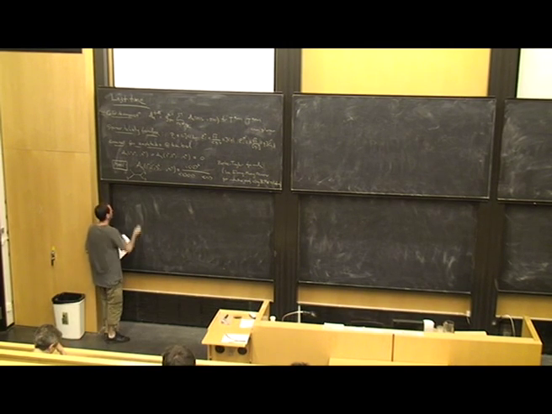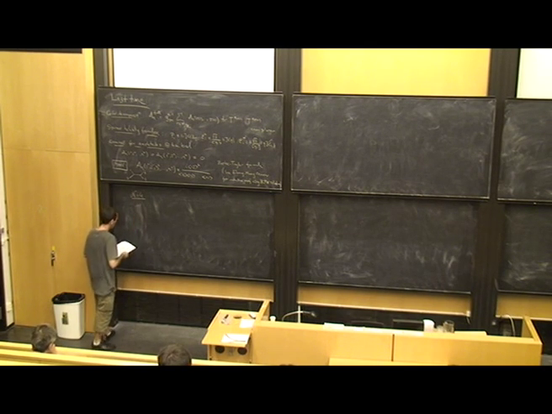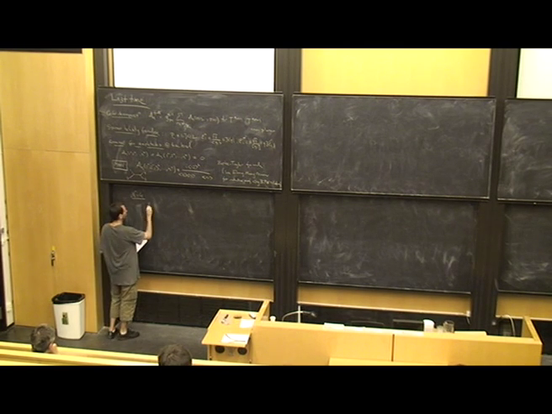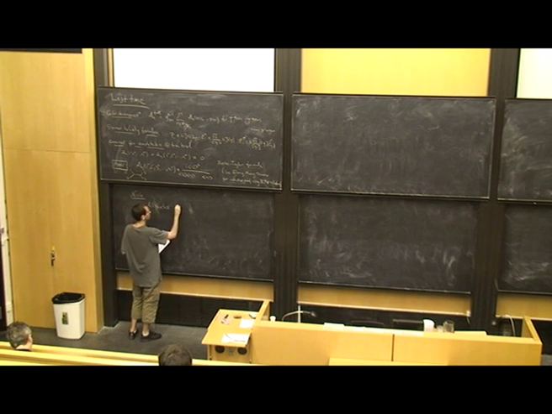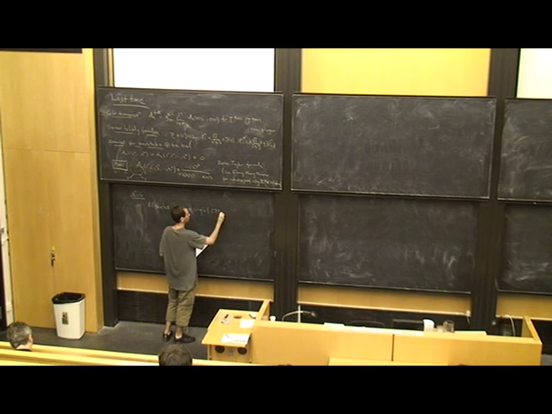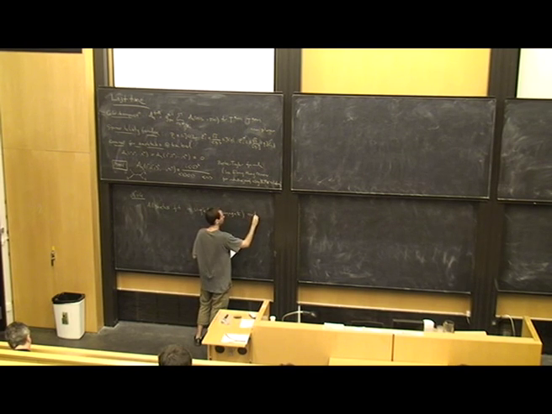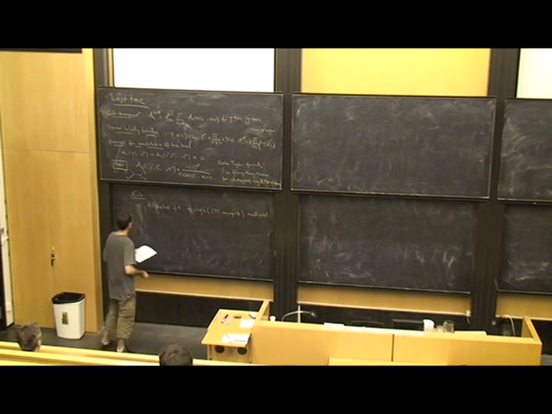So in N equal to 4, we have a lot of supersymmetry, and all the states in the theory fit in a single CPT conjugate multiplet, or supermultiplet.